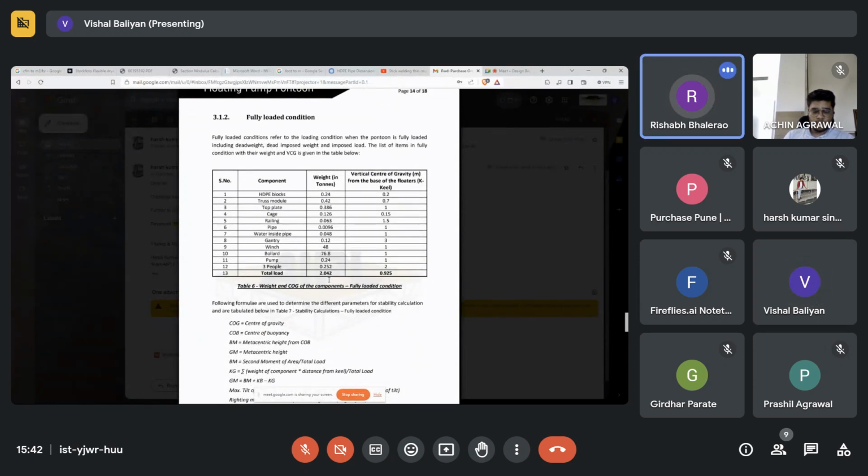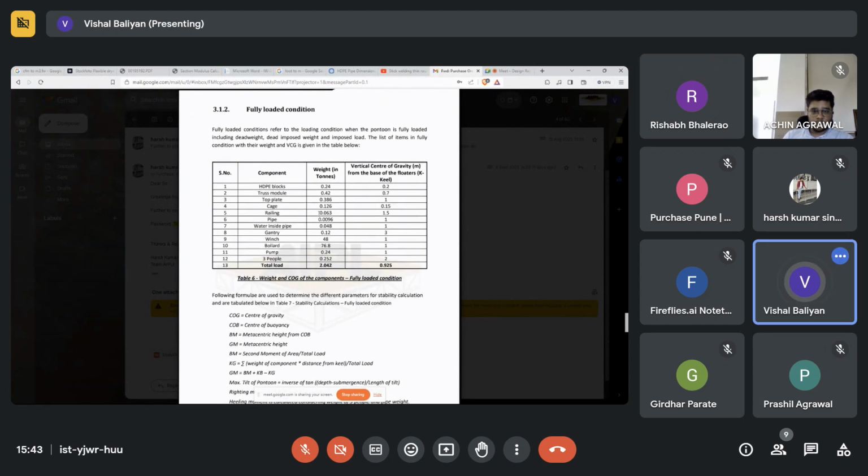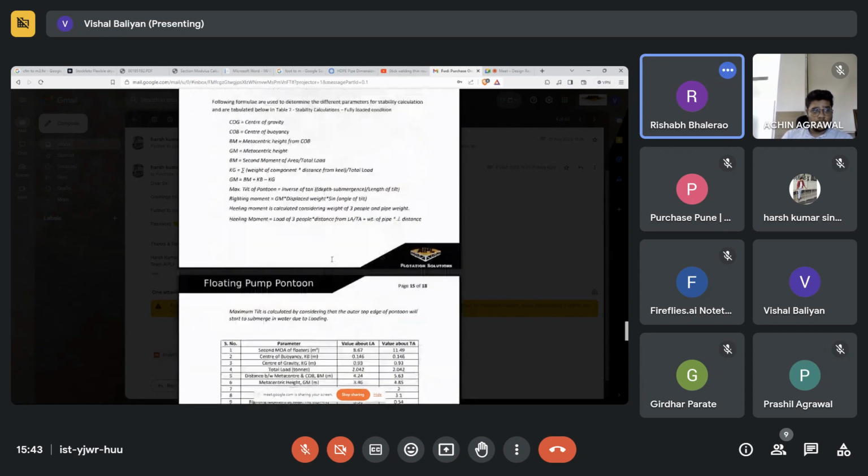Here you have taken the load of three people in the weight calculation. The weight of the three people is taken, right? Yeah. So what I'm trying to tell you is, this total load calculation has been used the same for heeling moment calculations.